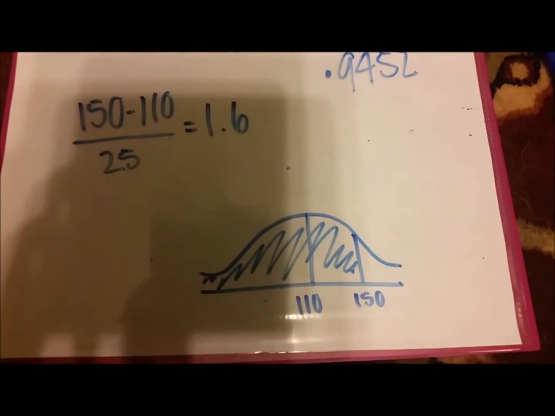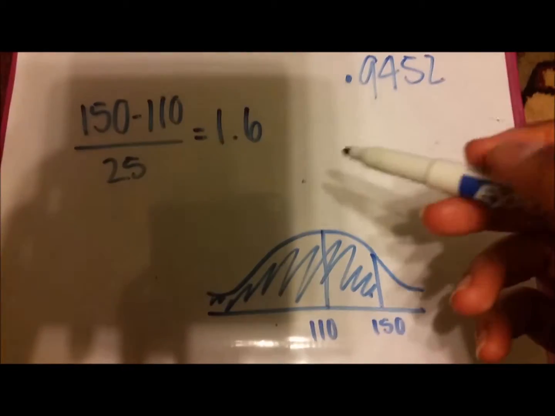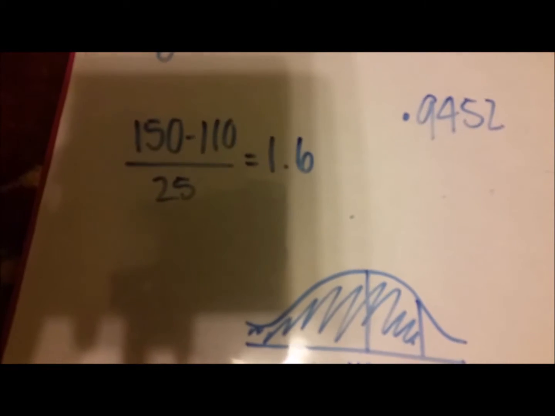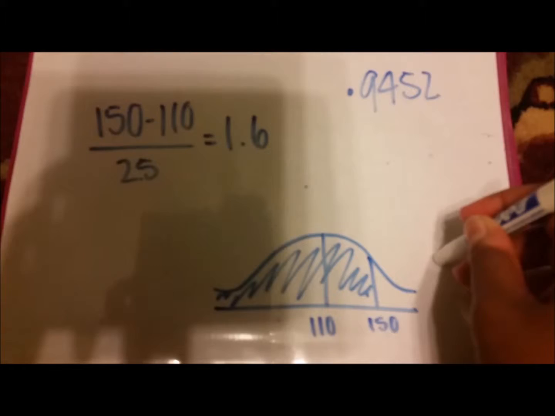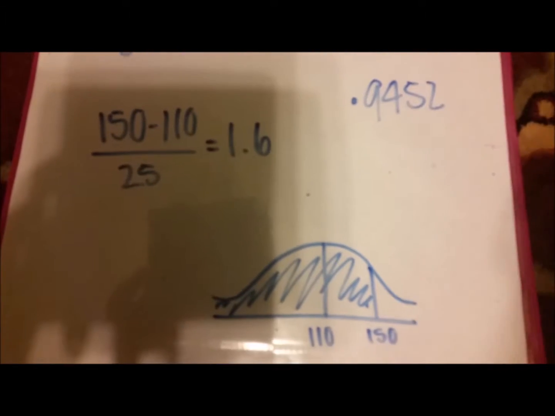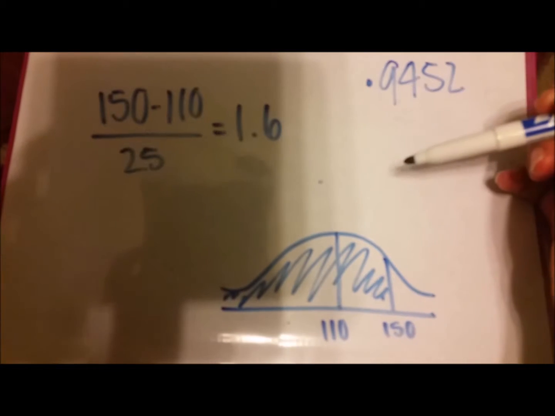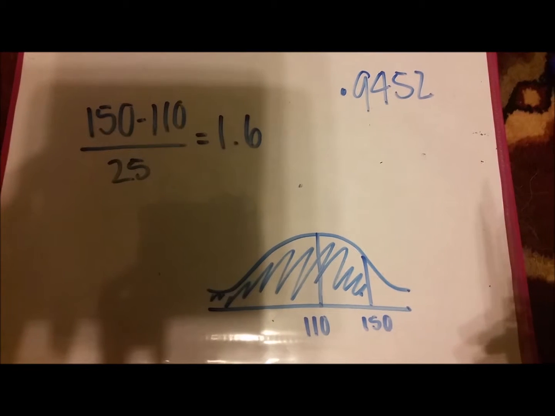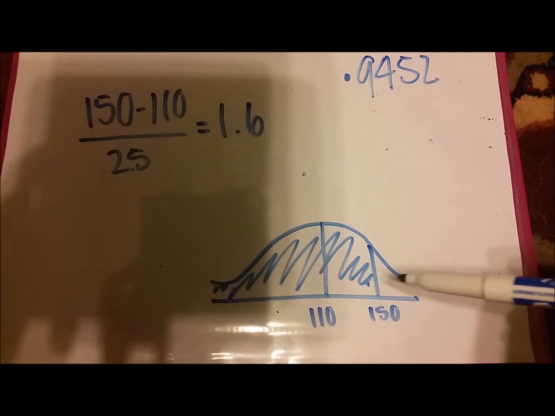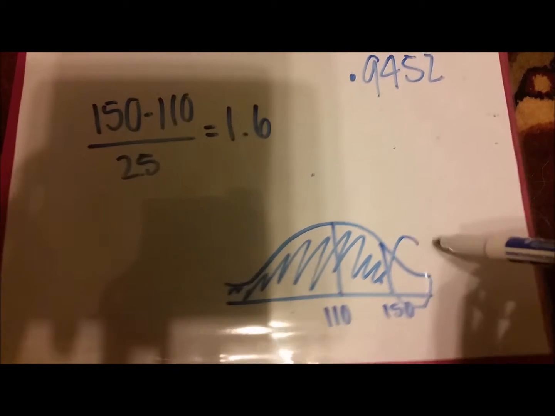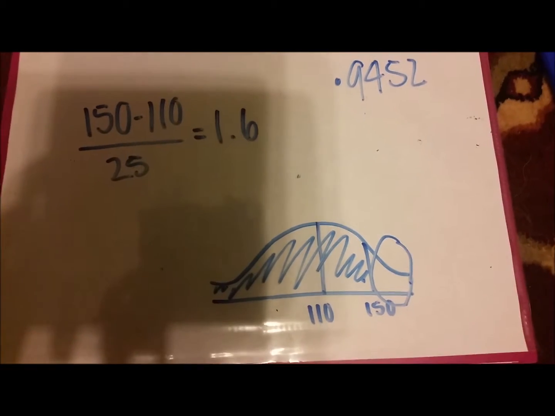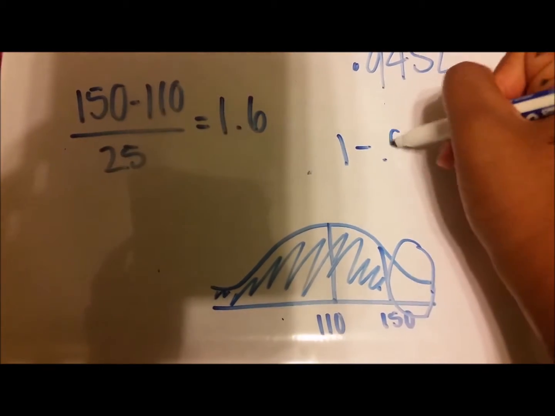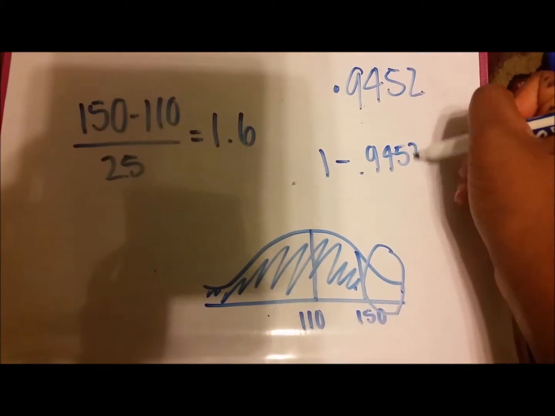The area of this chart is 1. So since we're still trying to find the percent of people above 150, if you look at it a different way too, if you were to have changed this into a percent, it would have equaled 94.52%. And that's way more than what we found in A. So if you look back at it, we're trying to find this little area here. And in order to find that, we're going to do 1 minus 0.9452.